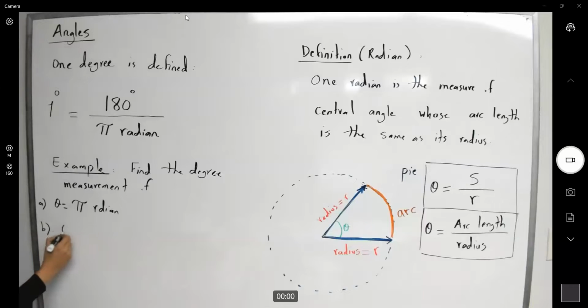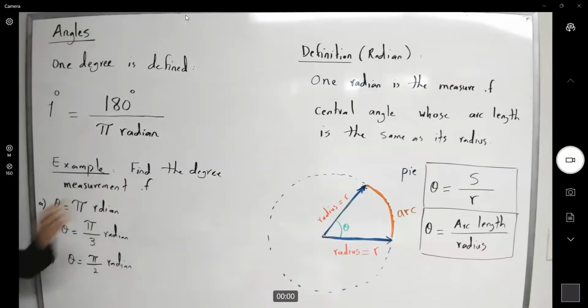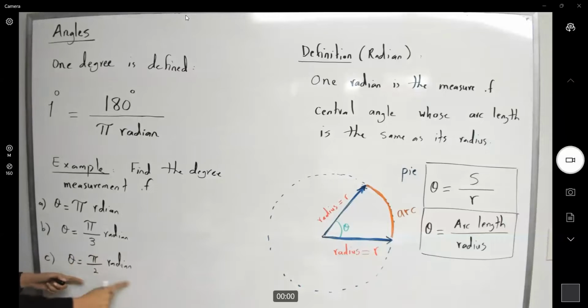B, suppose your theta is given to you as pi over 3 radian. Suppose your theta is given as pi over 2 radian. So these measurements are already given to you, and the question says, convert them into the degree measurement. What is pi radian? What is pi over 3 radian? What is pi over 2 radian?